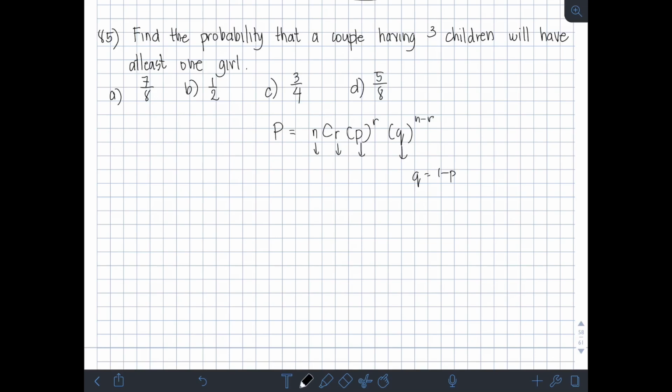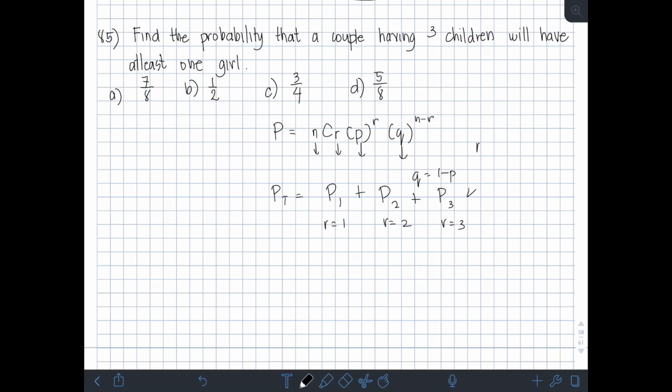Okay? So, dahil meron tayong at least 1 girl, pwede natin gawin is yung total probability is pwedeng tatlong case. So, pwedeng exactly probability na 1 girl lang, pwedeng exactly probability na 2 girls, at probability na 3. Okay? So, kung ito yung formula natin, meron tayong iba't ibang values ng R. So, R natin dito is 1, R natin dito is 2, R natin dito is 3.